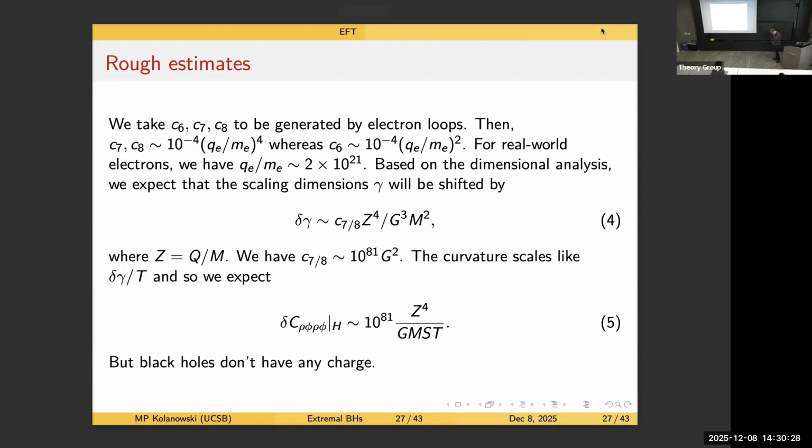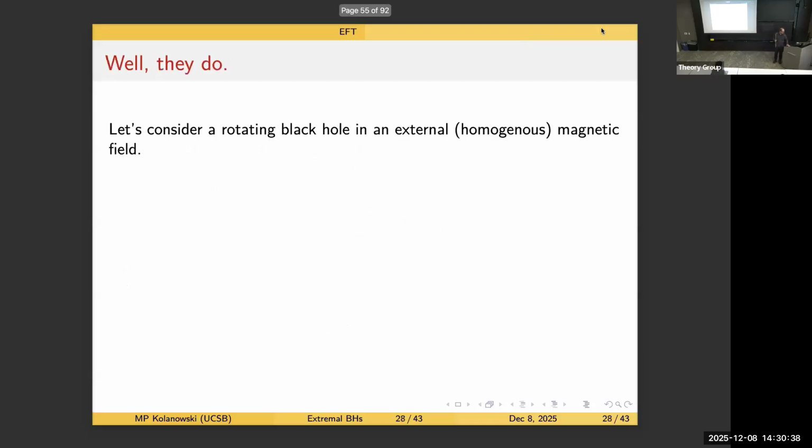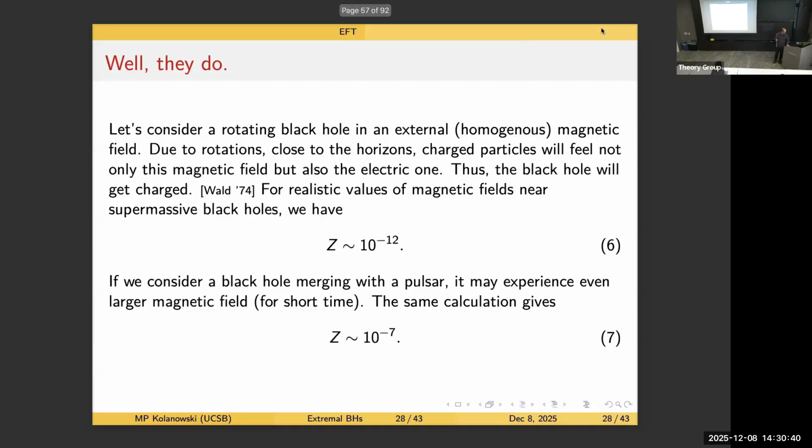Okay, but you may say that I promised you we're going to the real world, and in the real world, black holes do not have charge. But actually they do, and I guess I may assume that everyone knows how they get charge in realistic situations, because it was Bob who came up with it.